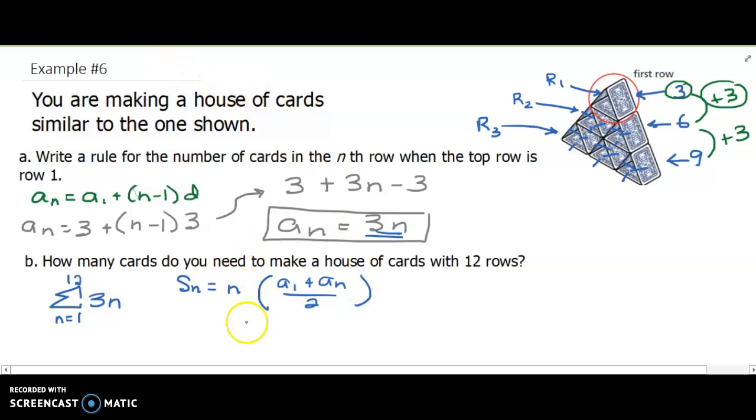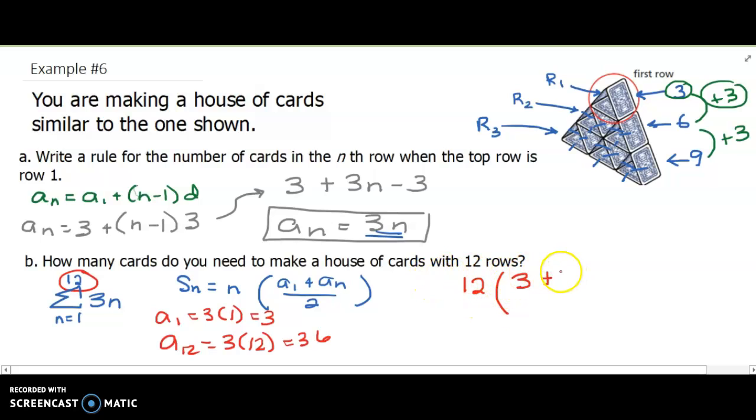Now I need to find my a1, which is 3 times 1, which is just 3, and my a sub n, my n is 12, is 3 times 12. I'd have to add an additional 36. So to put it in this formula, I'd have n times, my n's 12, times a1 is 3 plus a sub n is 36 over 2.